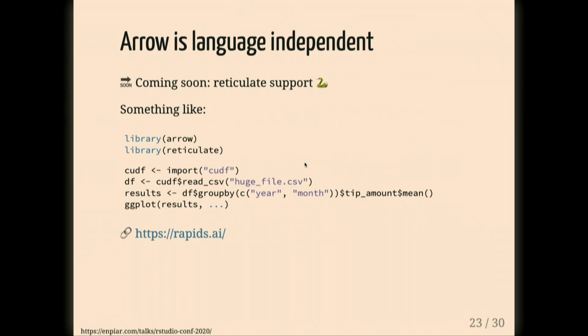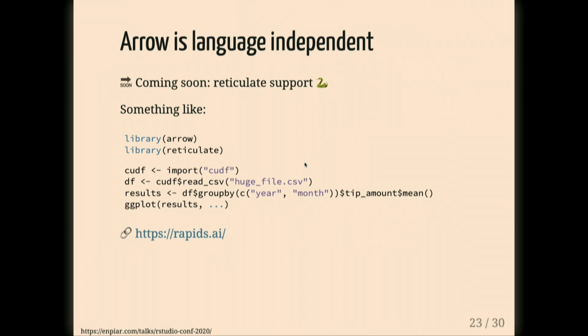One thing I'm hoping to get out this year at some point is support with Reticulate for Arrow data types. So this is just hypothetical code because this hasn't been released yet. But for one example, NVIDIA has the Rapids project, and they have a number of largely Python-based projects that use GPU acceleration for machine learning.